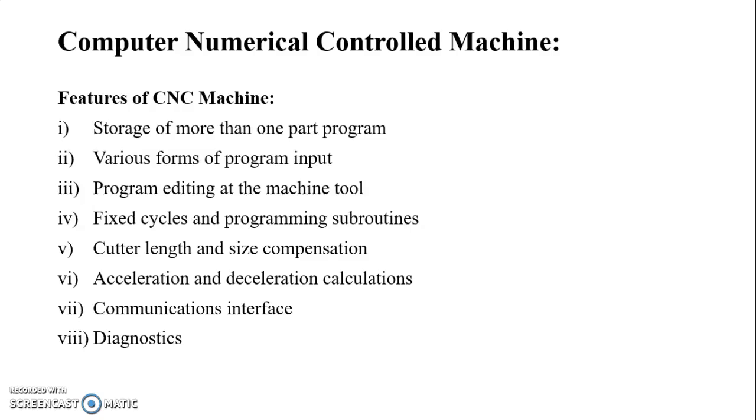Then another feature is the communication interface. Most CNC controllers are equipped with a standard RS-232 or sometimes other communication interface to link the machine to other computers and computer-driven devices.